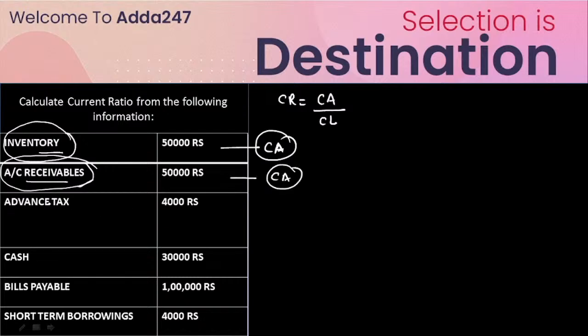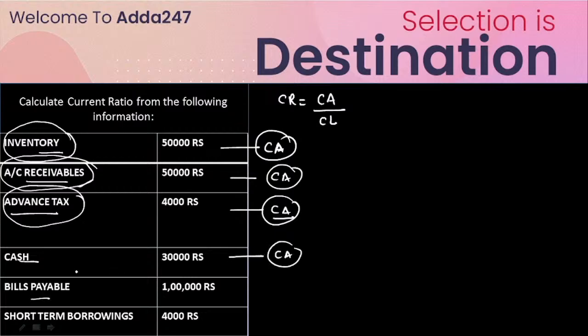After that, advance tax payment is also included under the asset terms, and that will also be a current asset. Cash is a current asset. Bills payable, that means the amount that we have to pay, will come under current liabilities. Short term borrowings, or borrowings either short term or long term, would be known as a current liability.